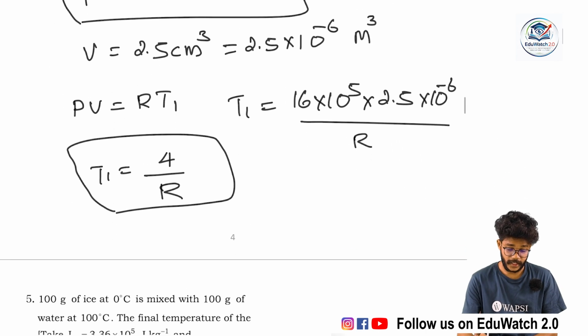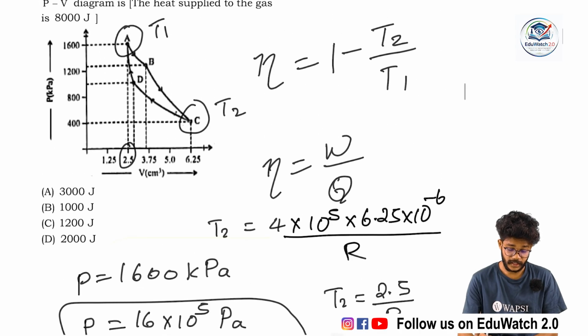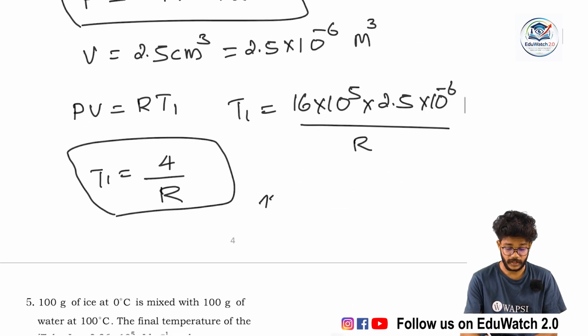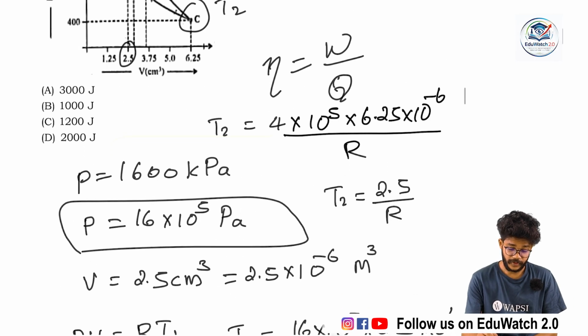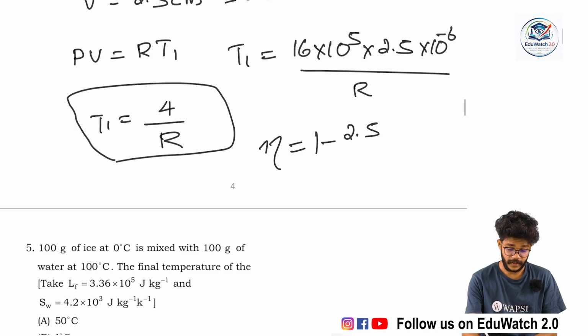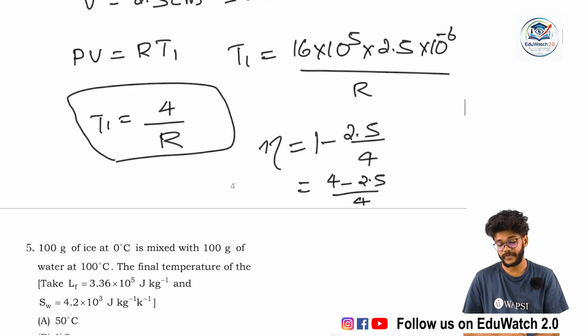So efficiency eta is equal to 1 minus T2 by T1, which is 2.5 divided by 4, equal to 4 minus 2.5 by 4. 4 minus 2.5 is 1.5.